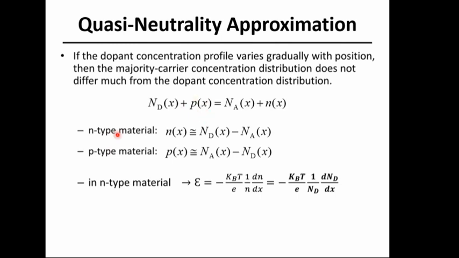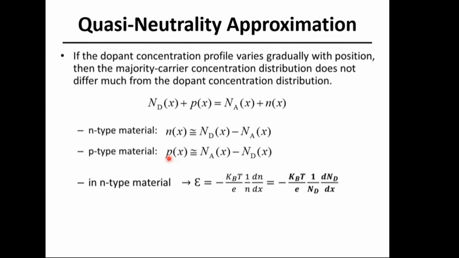So if we're talking only about N-type material, roughly I don't even include the N acceptor, unless in the question you're asked to determine the concentration of electrons, then I have to just subtract the concentration of the acceptor from the density of the donor.